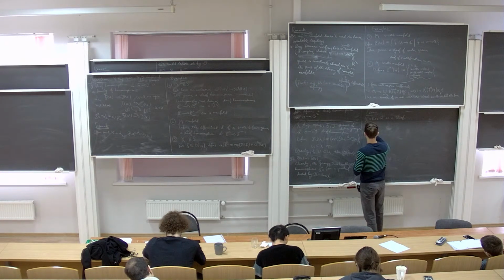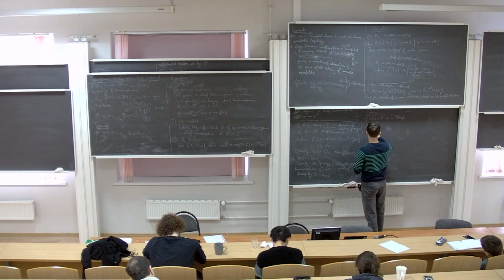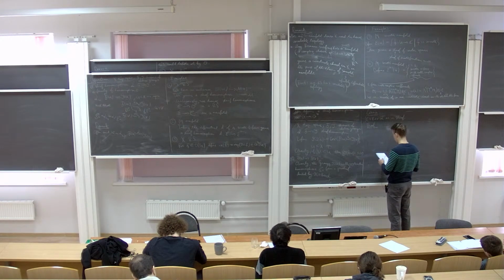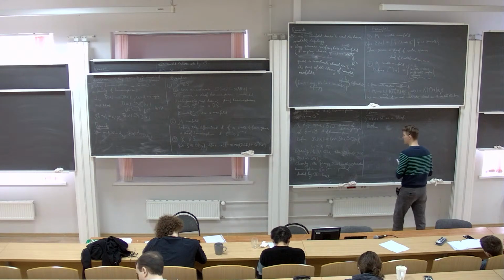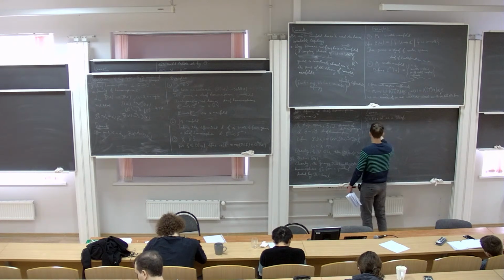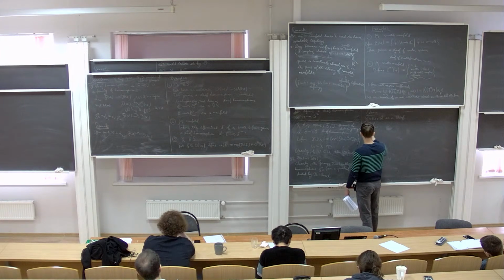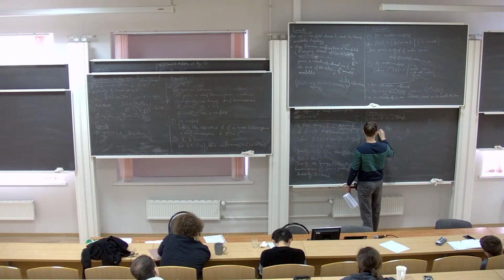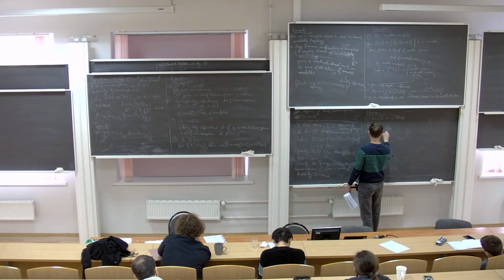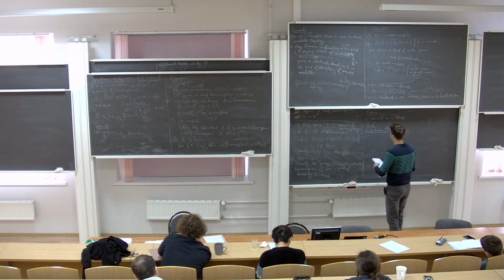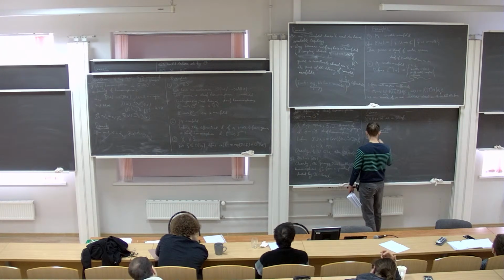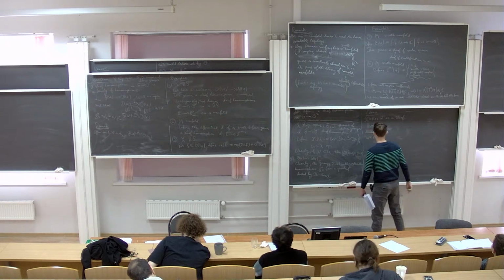The proof is the following. Okay, so let us check the sheaf axioms. Sheaf axiom 1. So we have U is the union of U_i.